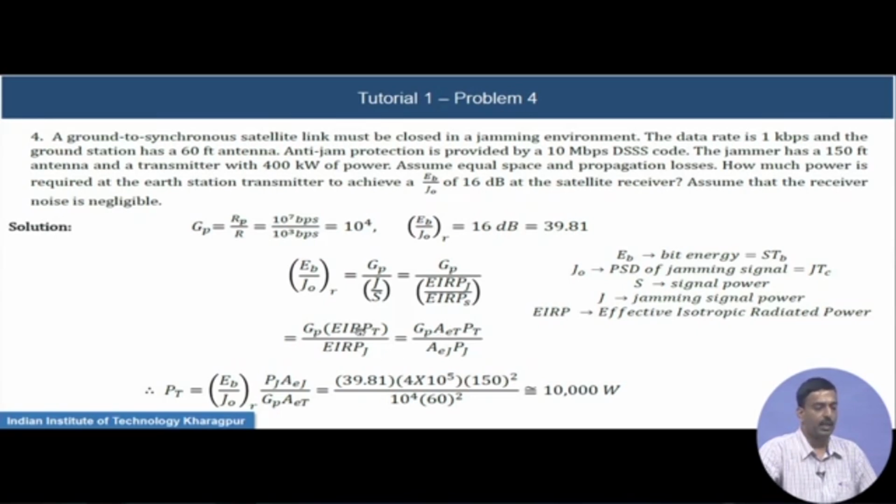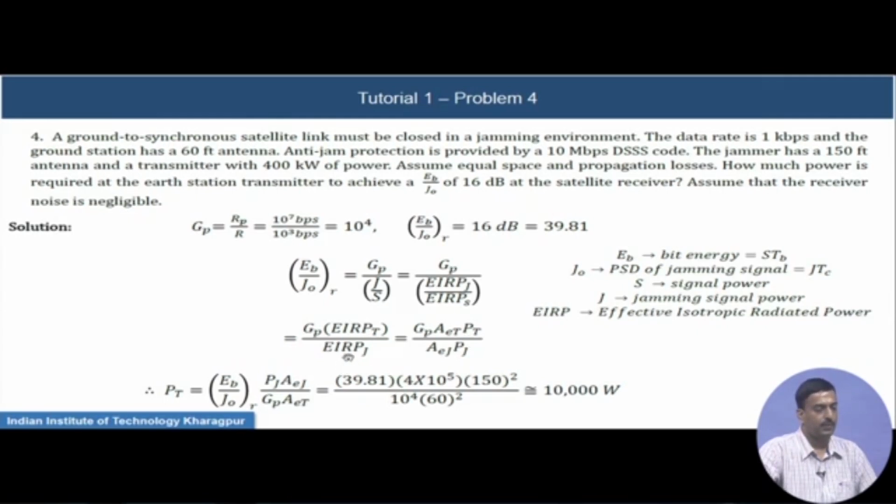We also know that EIRP is proportional to the power that is radiated, which in this case is P_T at the transmitter and P_J for the jammer, and we have made use of the fact that the cable losses for the jammer as well as the transmitting station antennas are the same, therefore the ratio cancels out, so you don't see cable losses, which is essentially inversely proportional to EIRP, figuring in this expression.